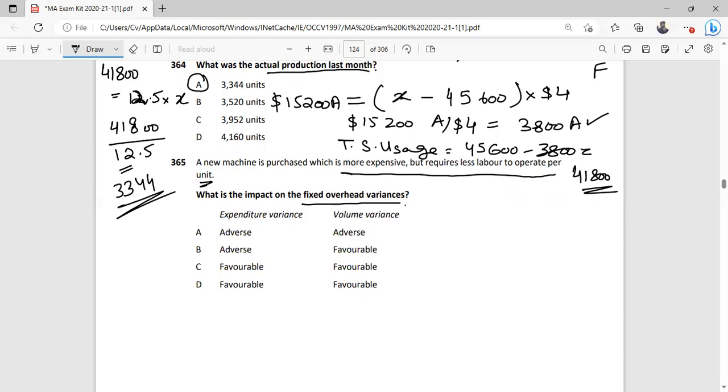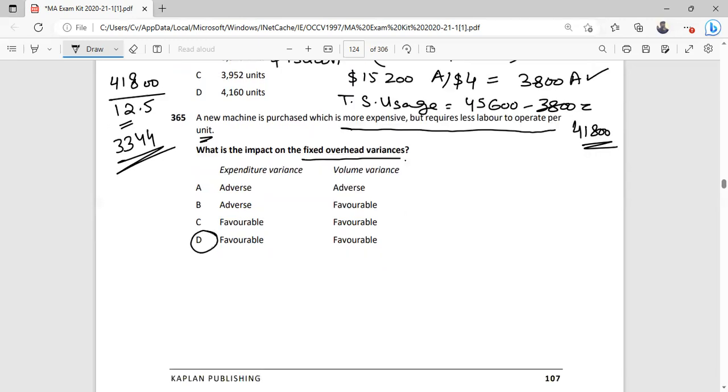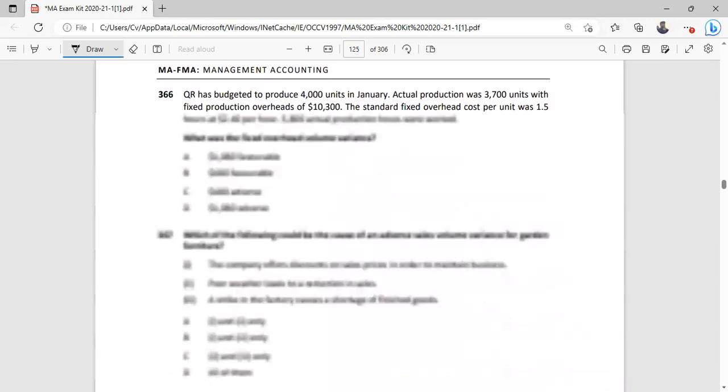We will incur a lower amount of expenditure. It means our expenditure variance will be favorable. And we will be able to produce more units with the new machinery in comparison with budget. So that's why we can expect that both of the variances will be favorable variances, right?